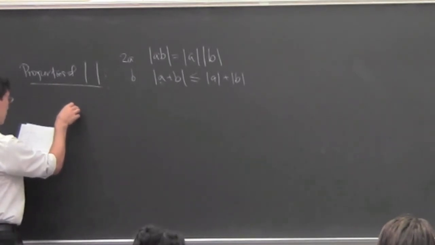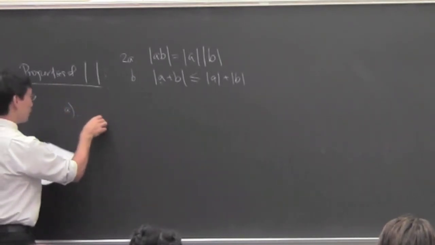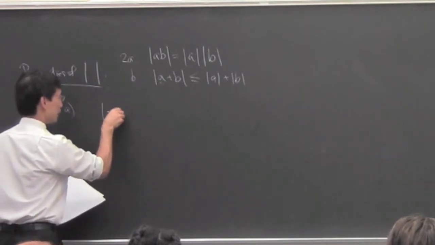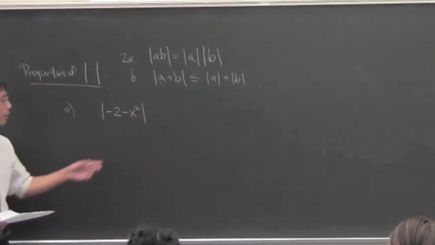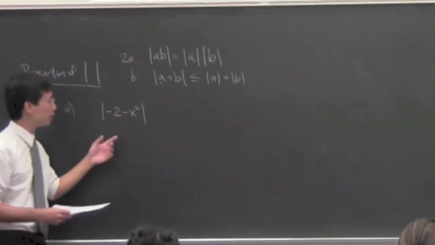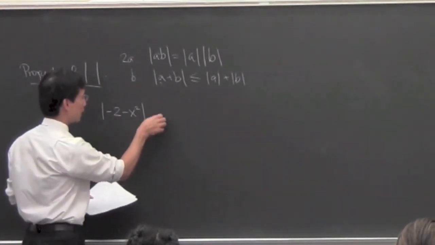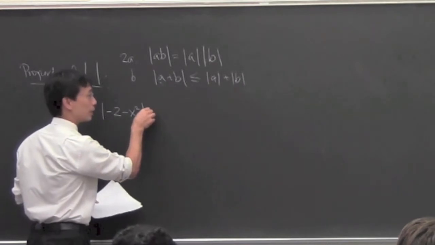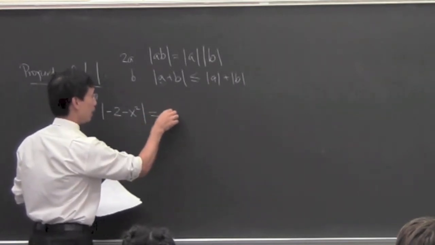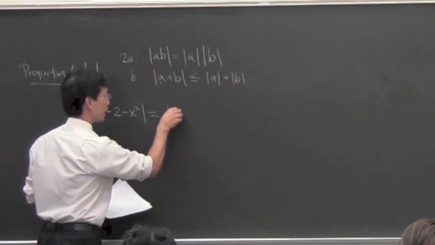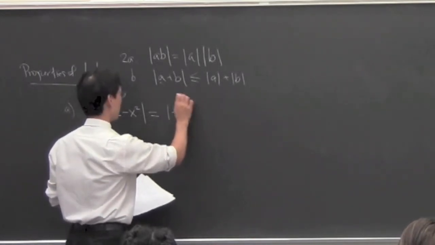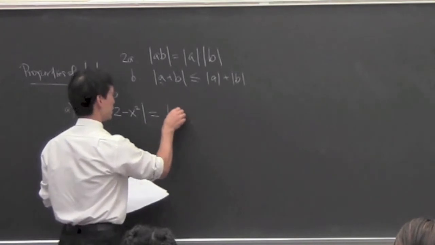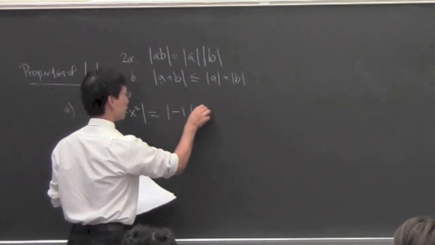Let me just do some examples. If I gave you this, the absolute value of negative 2 minus x squared, you could say, oh, you can actually simplify this quite a lot. This is the same thing as the absolute value of negative 1 times 2 plus x squared.